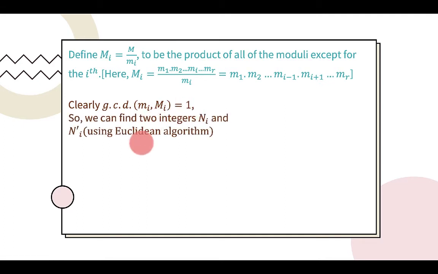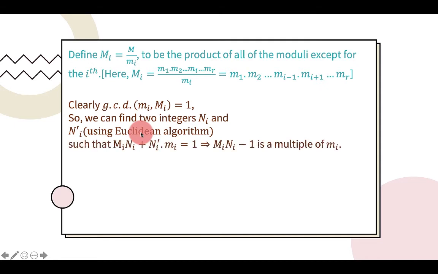So, we can find two integers, say capital Ni and capital N dash i, such that the linear combination of small mi and capital Mi will be equal to the GCD 1.